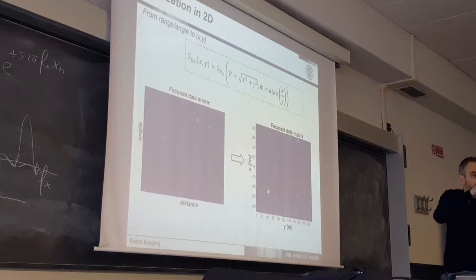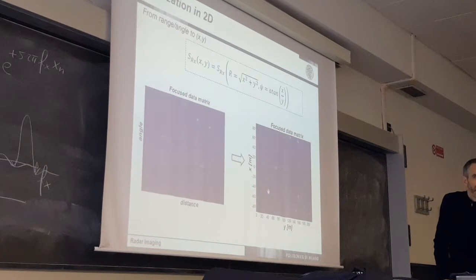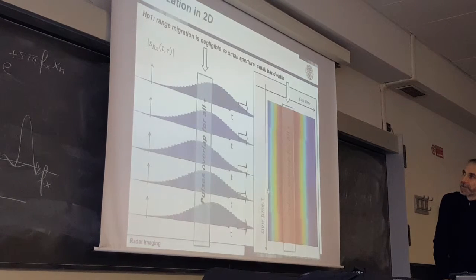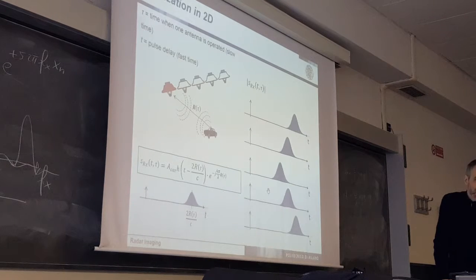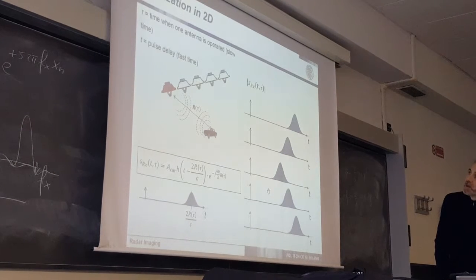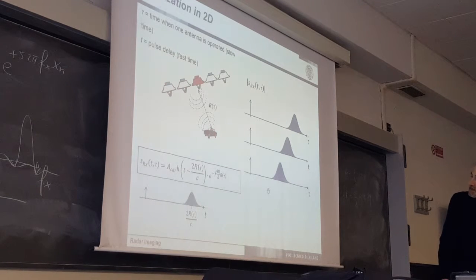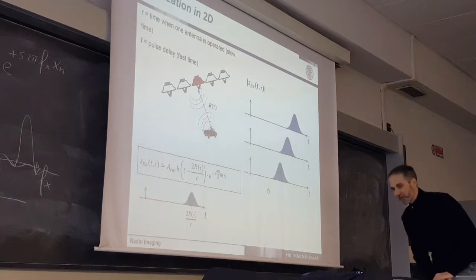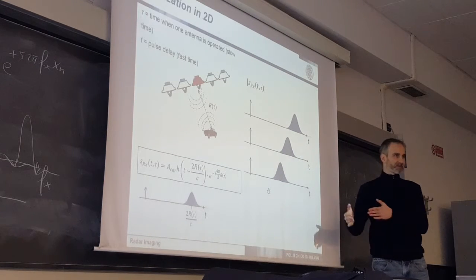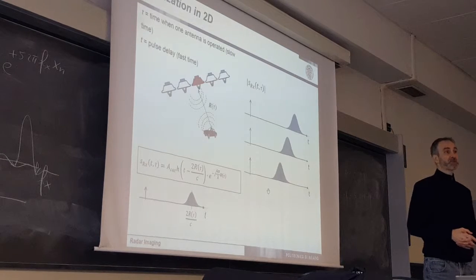Yes? When you talk about fast time and slow time, you mean that the slow time is the time in which every antenna is transmitting its pulse, while the fast time is the time for the signal to get to the target and then come back? Yes, let's say the fast, yes. The fast time is the time, as we have treated it so far in previous lectures.